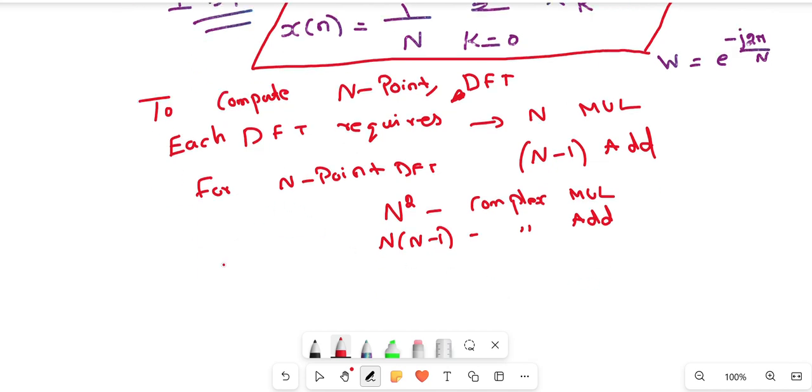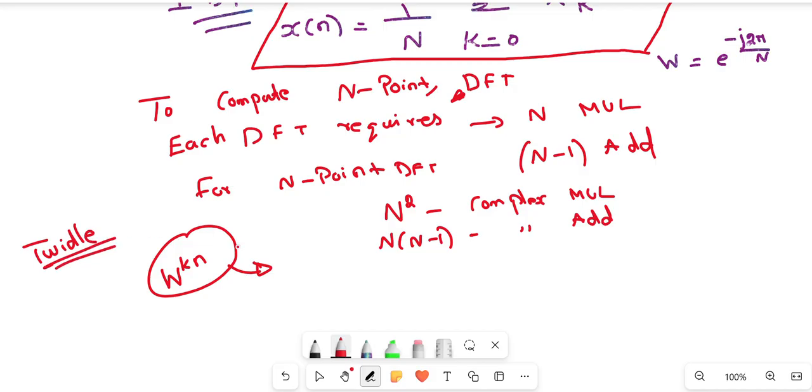The W power kn is the twiddle factor, and the twiddle factor possesses symmetry property and periodicity property.